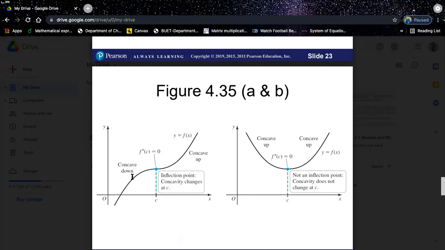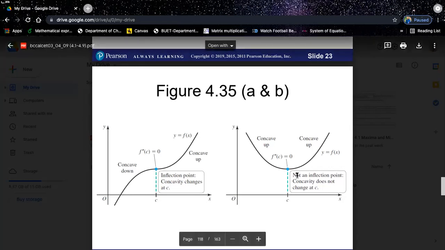And it's concave up for this part. So at this point, the concavity gets changed. So we say at C, we have an inflection point.